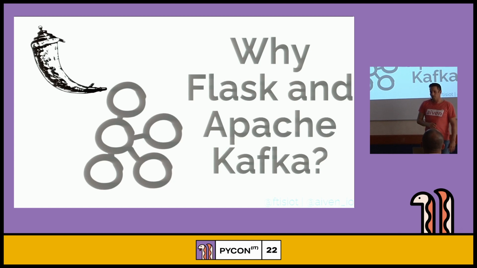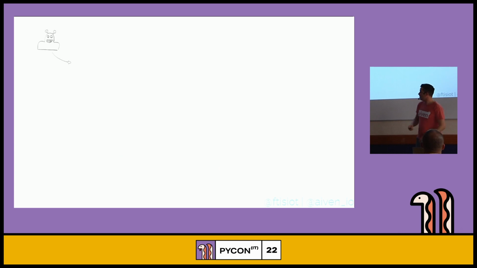So let's do one step more. Why do these 2 technologies make sense together? Well, I've been in the data industry for a long, long time. And one thing that I always found in a lot of companies is that you have an application that produces data, and this data usually goes into some sort of database or queue or streaming system.